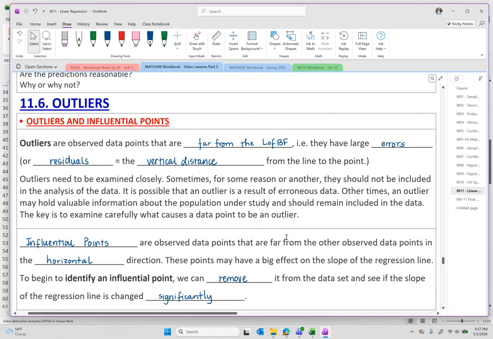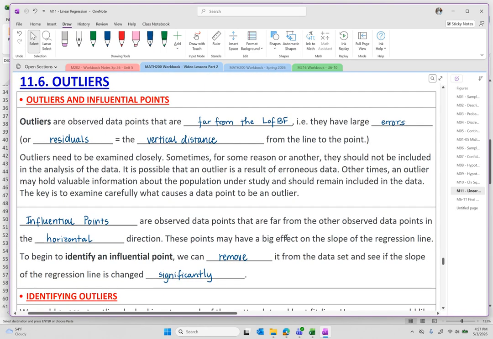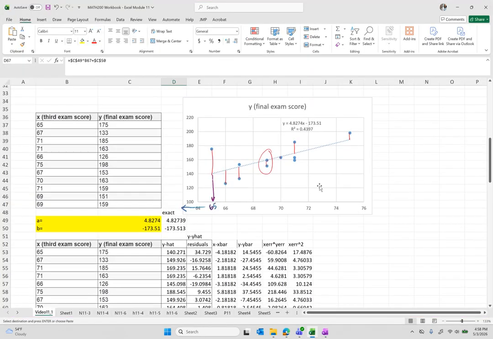Let's talk a little bit about outliers. Outliers are observed data points that are far from the line of best fit, and that means that they have large errors or residuals, or vertical distance from the line to the point. So if you remember in a previous video, we demonstrated these vertical distances with these red lines, and the residual equals the real y value minus the estimated y value y hat.